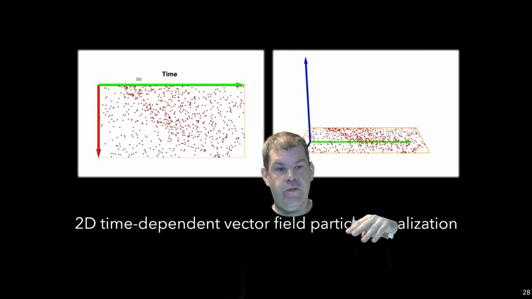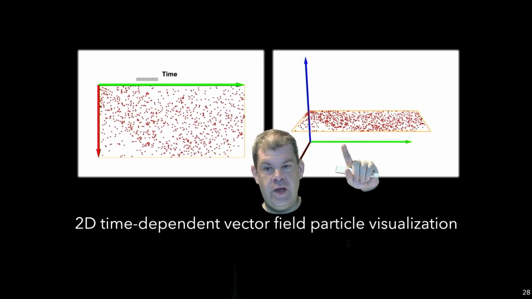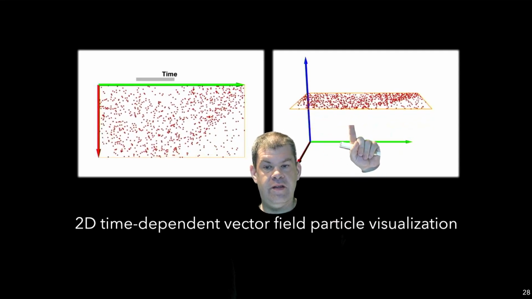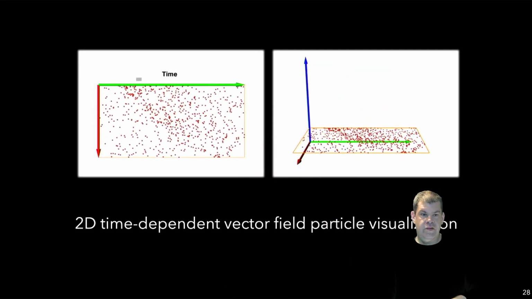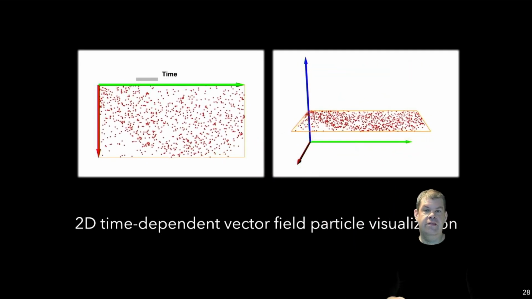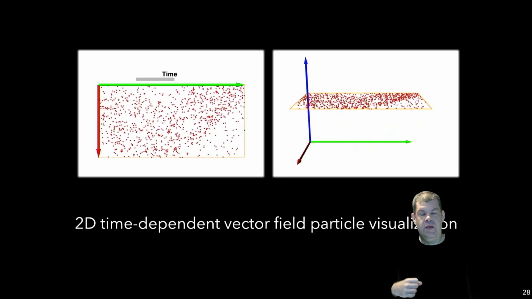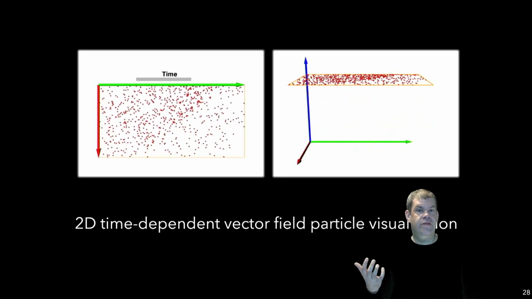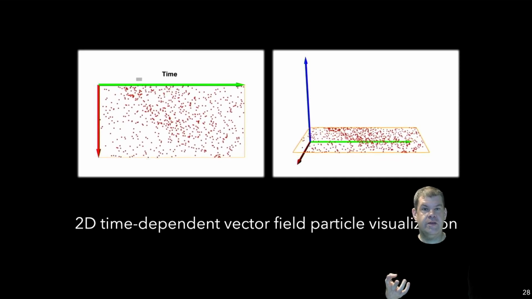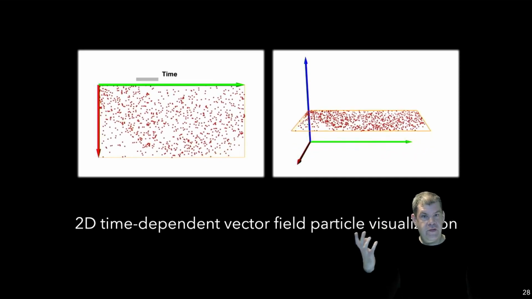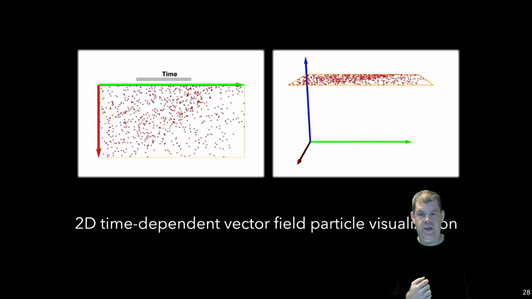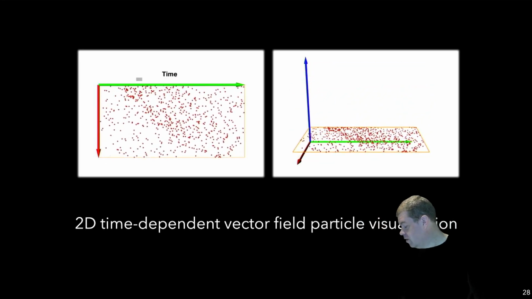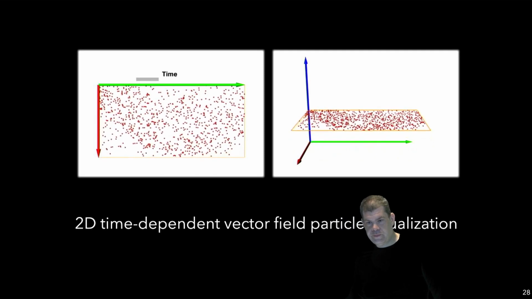Why does the plane move? Because time passes. We have a 2D field at 1 second, a 2D field at 2 seconds, a 2D field at 3 seconds, and so on and so forth. Having this combined time-space diagram can be useful, in particular to distinguish the different types of lines that involve time and don't involve time, like path lines or streamlines. I hope the overall visualization is clear.